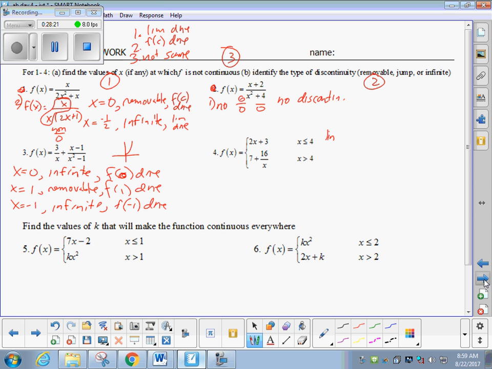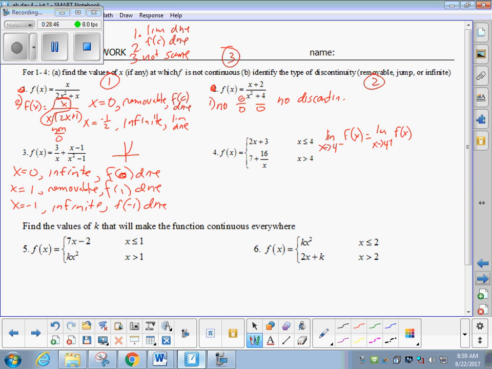Okay? So the limit, as x approaches 4 from the left, now, I'm going to do this by the book. Of f of x needs to equal the limit as x approaches 4 from the right of f. True perfect world math, you should start by saying the limit from the left equals the limit from the right.